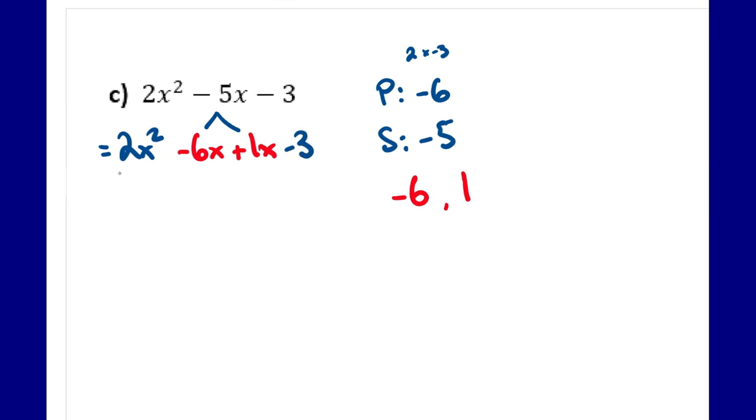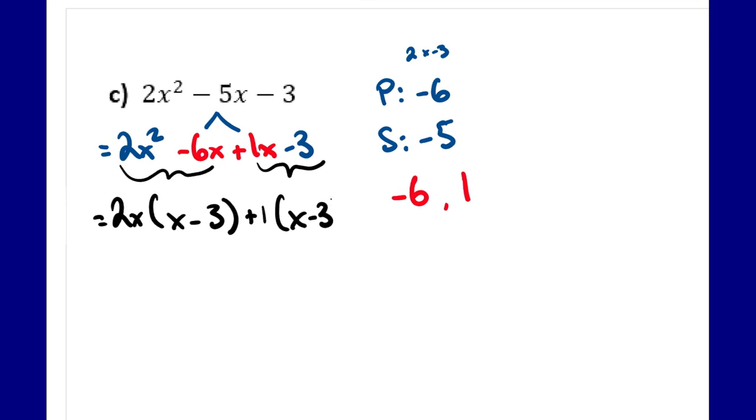Common factor my first two terms. I end up with 2x that I can take out, and I'm left with x minus 3. And in my second bracket, there's nothing I can factor out, so I'm just going to put a plus 1. And it'd be left with x minus 3.